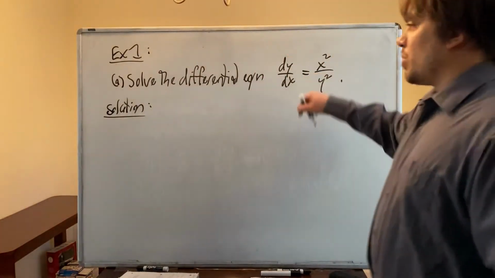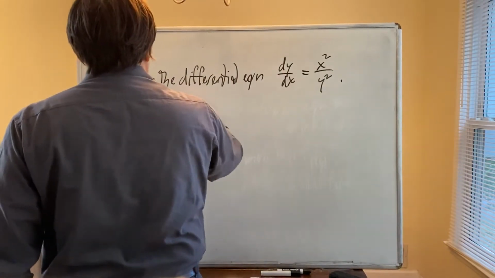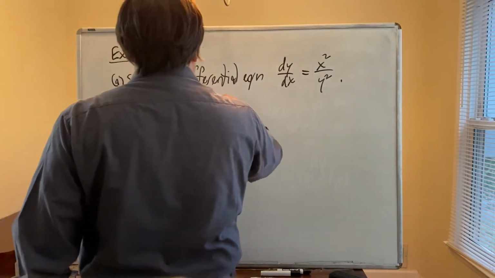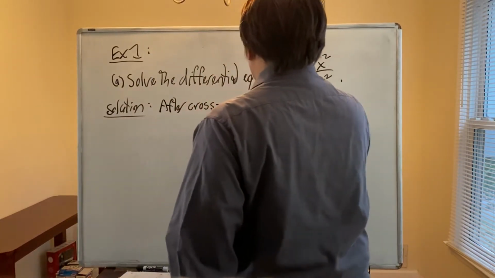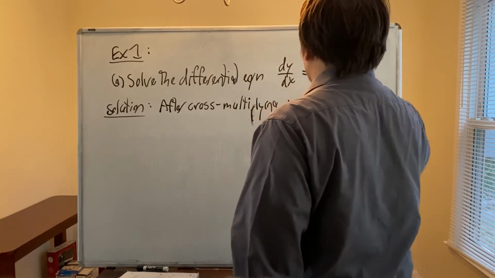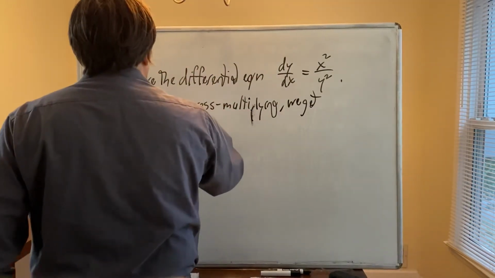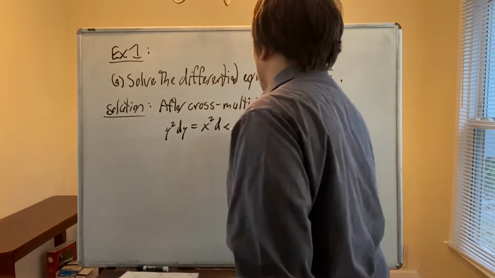Okay, so we can just cross multiply. After cross multiplying, we get y squared dy is equal to x squared dx.